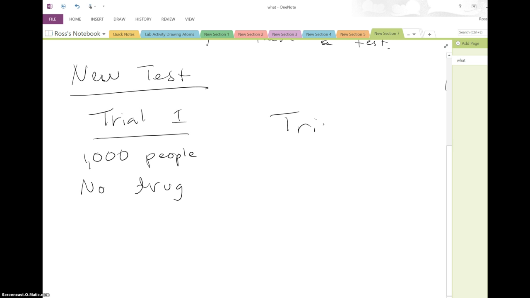Trial 2 will have 1,000 people with the drug. So we've got 1,000 people in each group because 1,000 people is a lot of people, and we figure that's pretty representative of the population.